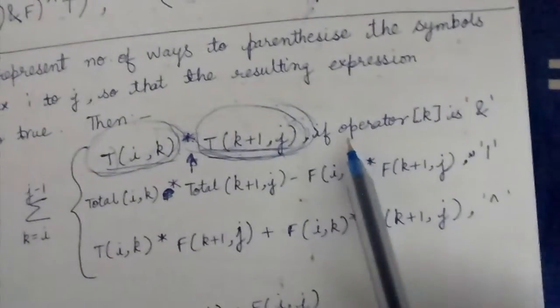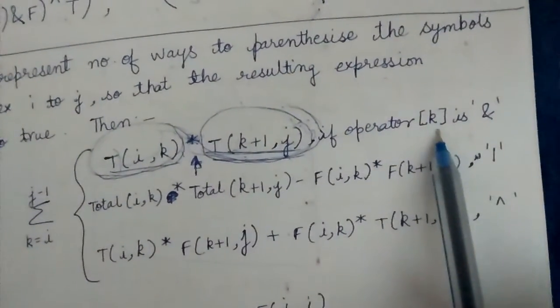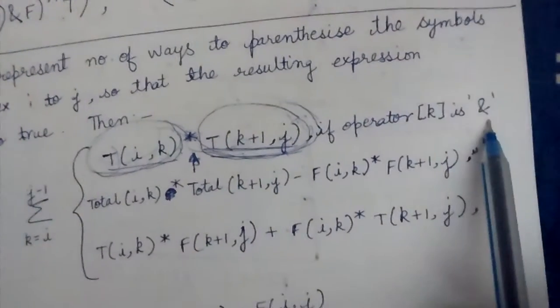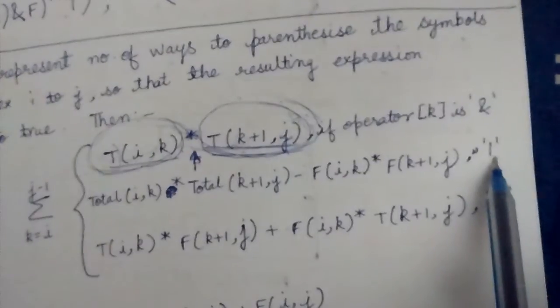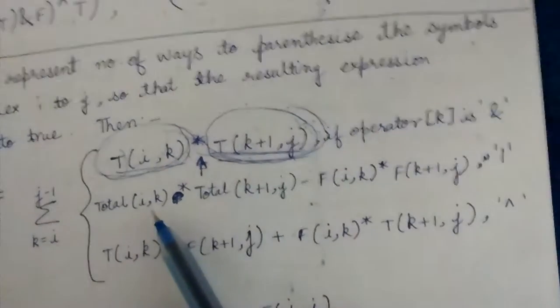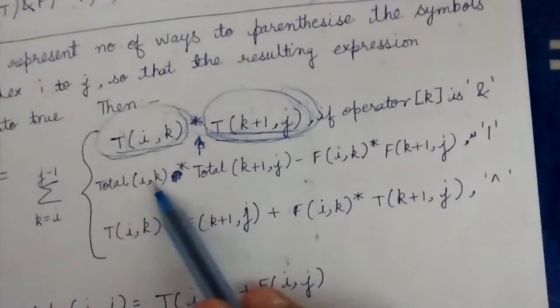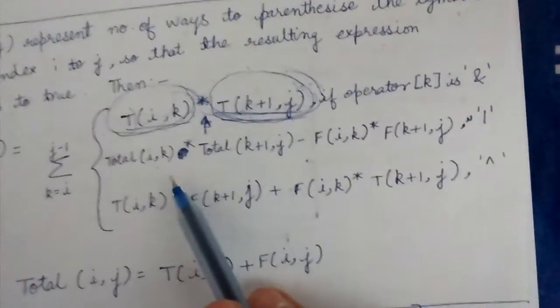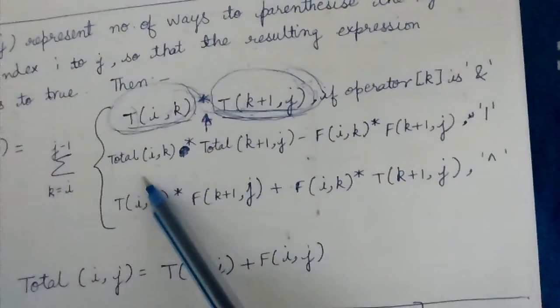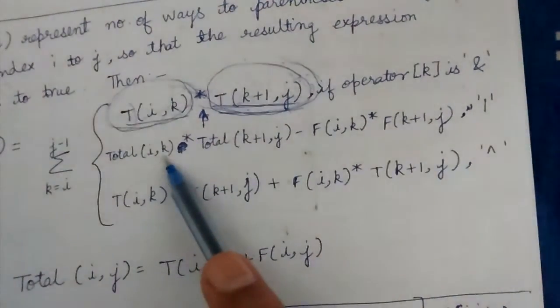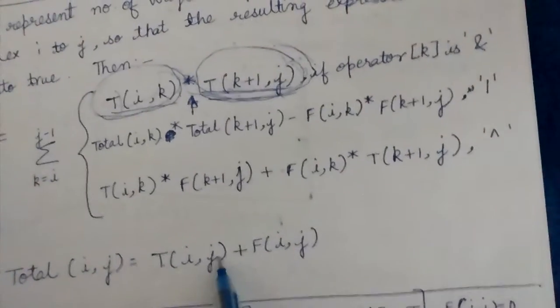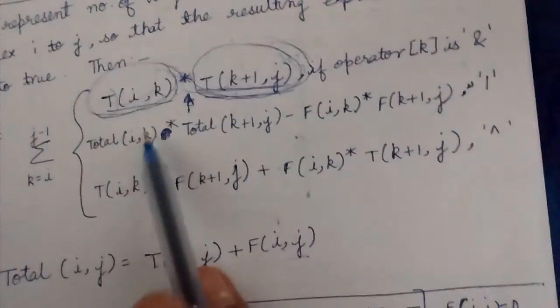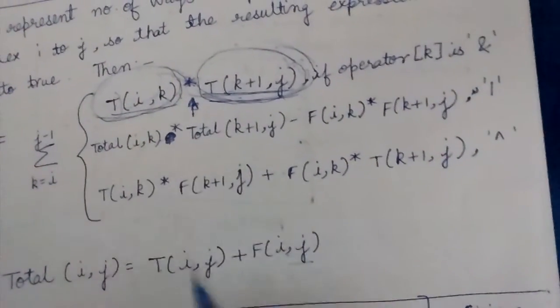So this is if the kth element of the operator array is AND. And if the kth element is boolean OR, what we do is total[i][k]. What is total[i][k]? The total number of parenthesizations, the total number of ways in which we can put brackets between index i to index k, that is equal to the true and false sum, because it will either be false or true.